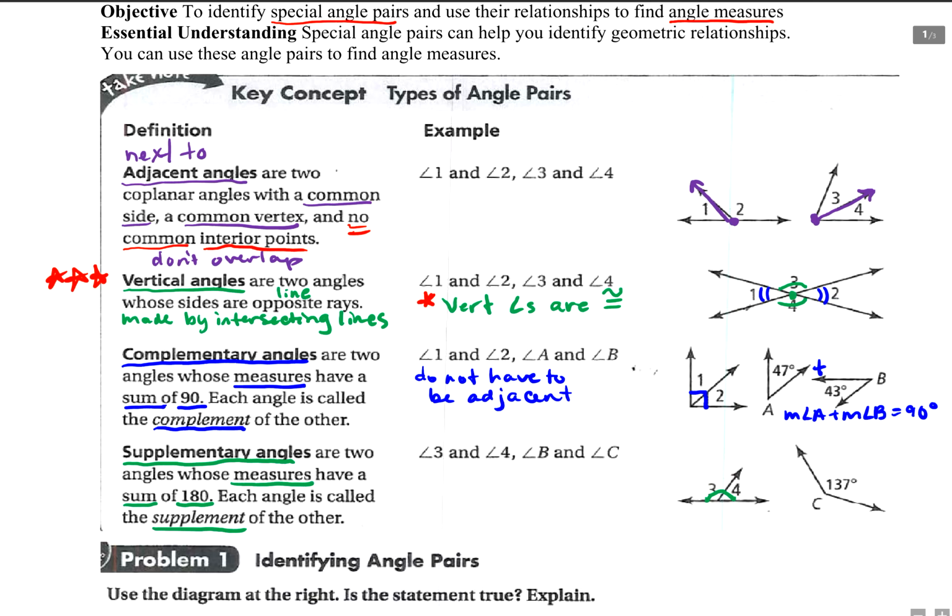Now, if we look at angle B plus angle C, 137 plus 43, the measure of angle B plus the measure of angle C are going to equal 180 degrees. Those are supplements. Again, they do not have to be adjacent to be complements or supplements.